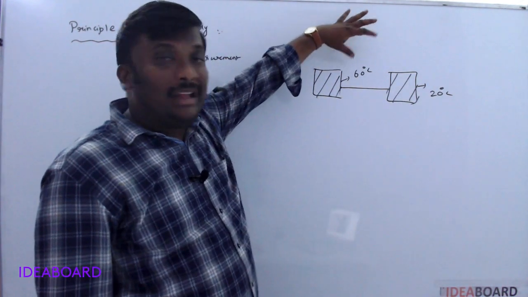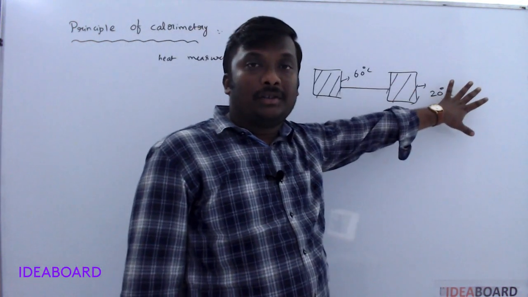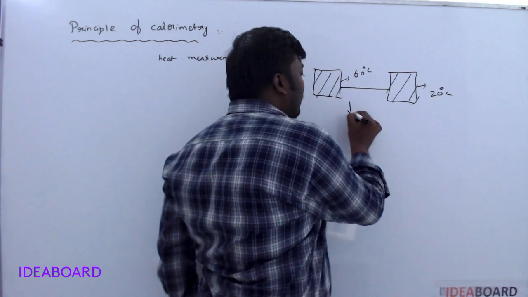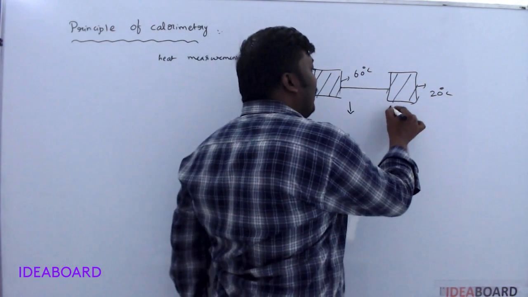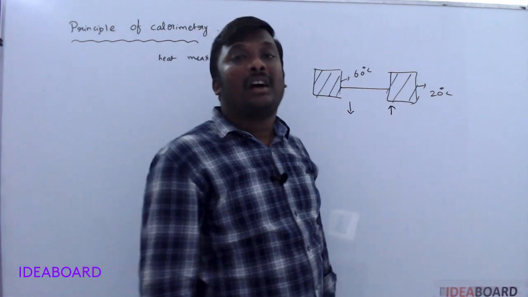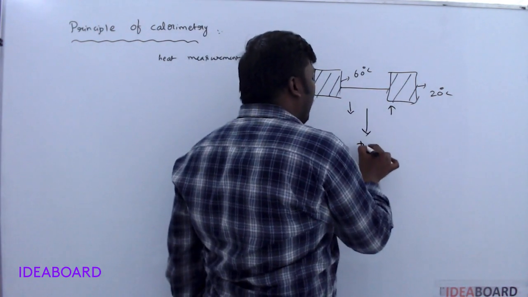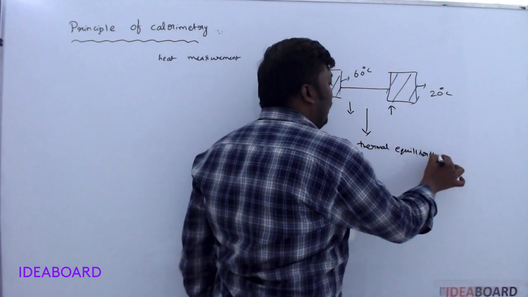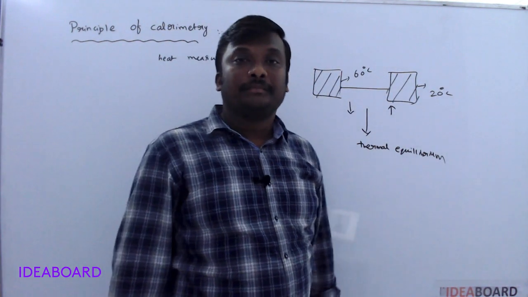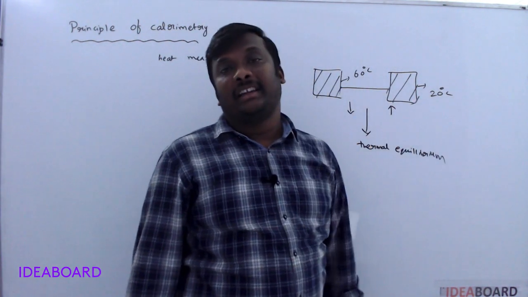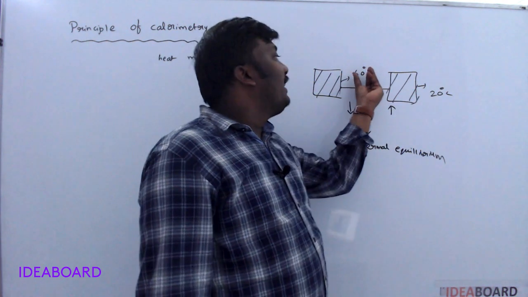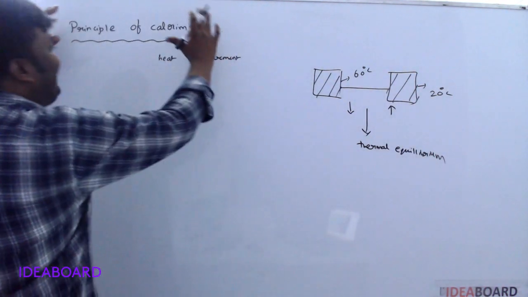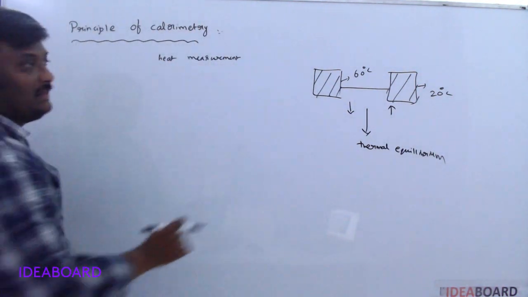Heat always flows from higher temperature to the lower temperature. So its temperature value gradually decreases. This temperature gradually increases until both are in thermal equilibrium. So after reaching the thermal equilibrium, there is no further heat transfer from the higher temperature body to the lower temperature body.